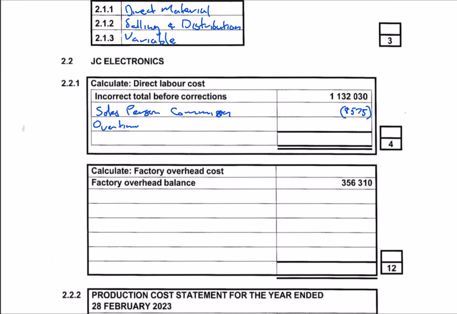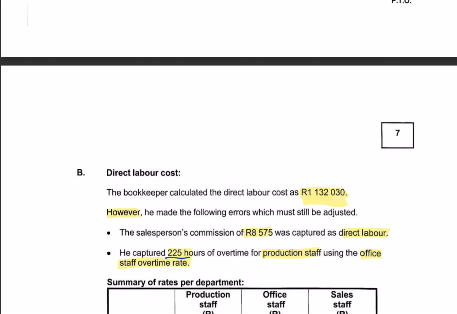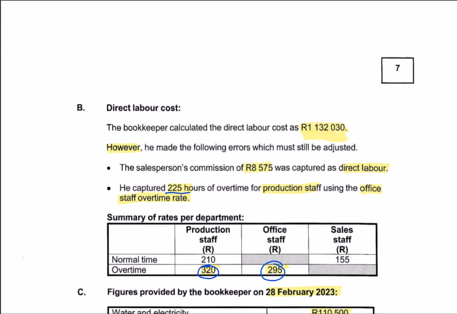Overtime. There are two ways of calculating this. Because it's 225 hours times 320 minus 295.